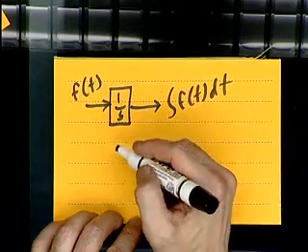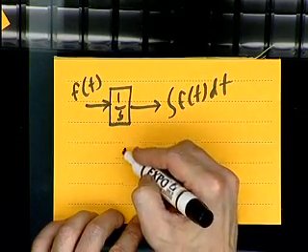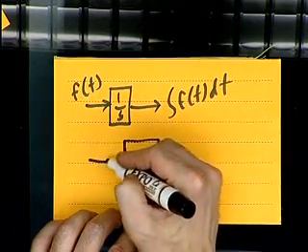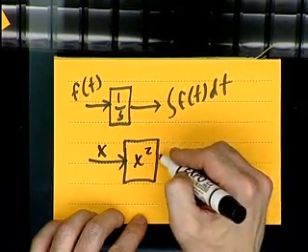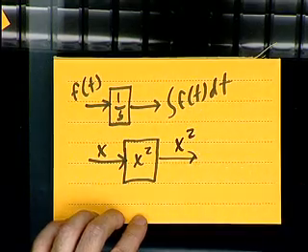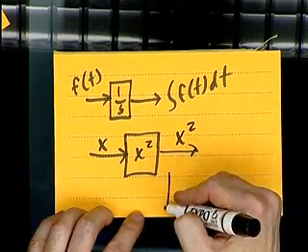And there are some nonlinear blocks that I'll be using in another example. For instance, if you wanted to do x squared, that might not seem like a big deal, but that's actually nonlinear. There's an x squared block where x goes in and x squared comes out. You can do that with a product block.